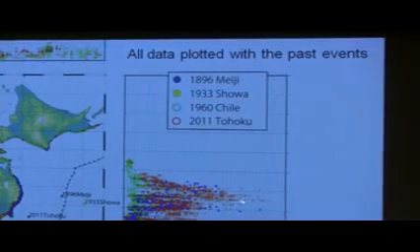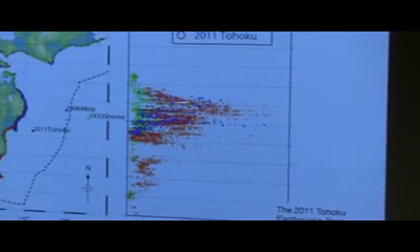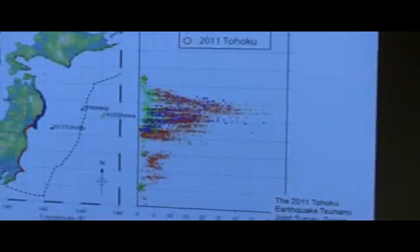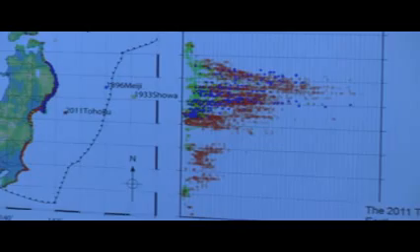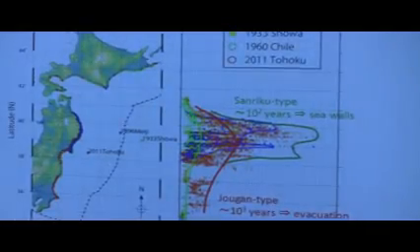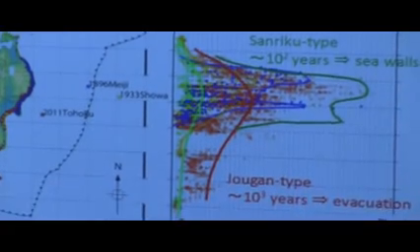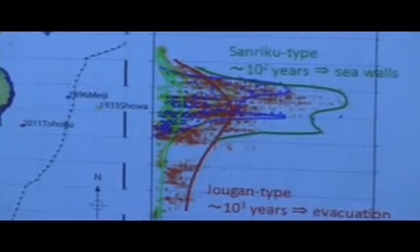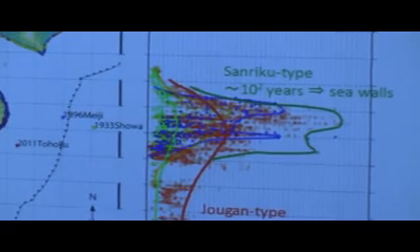You may understand that we have maximum inundation height around the middle. And you may also understand that the red one is the largest tsunami in the 150 years. And we are just discussing how to restore the seawalls, designing the tsunami height of seawalls.